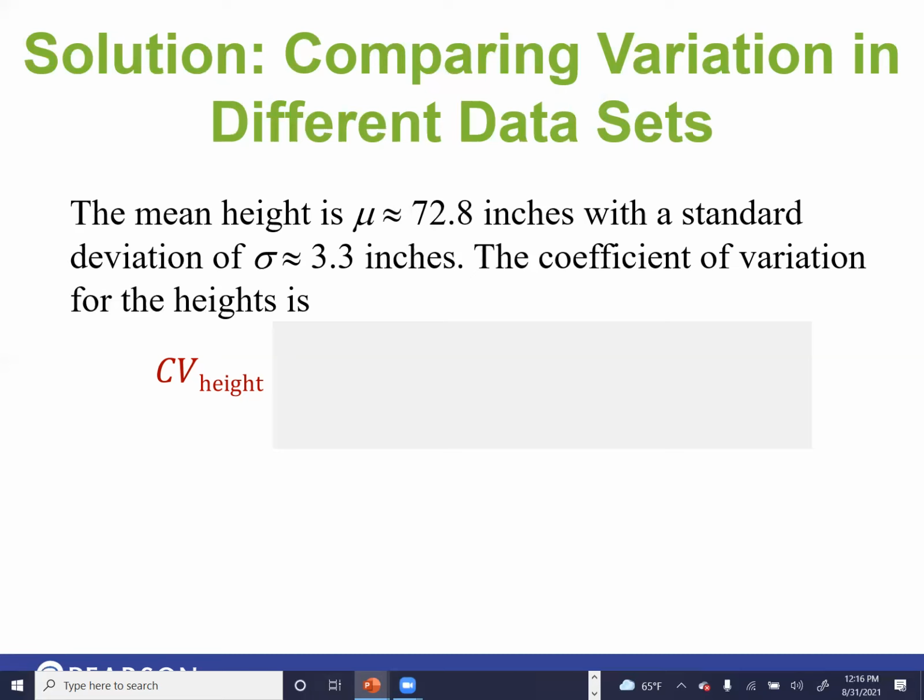That's cool, except now we have to change it to a percent. Maybe round to the nearest tenth of a percent.